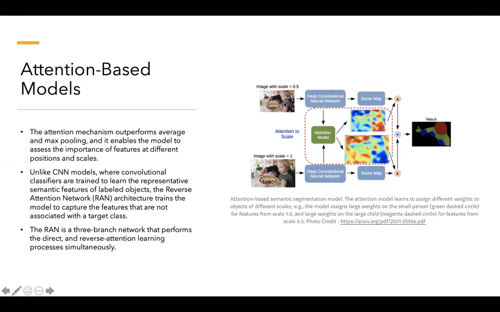So here, as you can see, the model assigns large weights to the smaller person, which is the green dashed line, and then for features from scale 1, and large weights on the large child, magenta dashed circles, for features from scale 0.5.